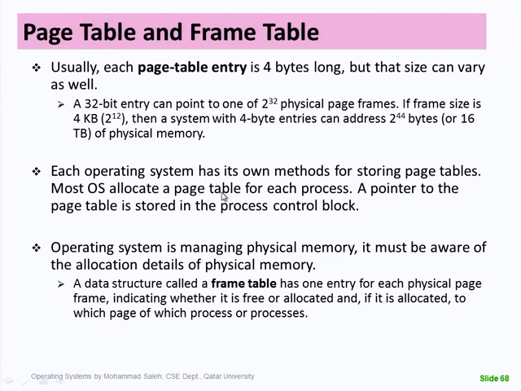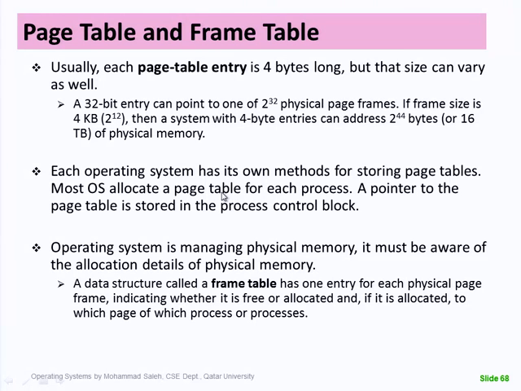One of its attributes is a reference to the page table in memory for that process, so that it can be accessed while the process is executing. However, some other operating systems have only one page table in the whole system for all the processes.